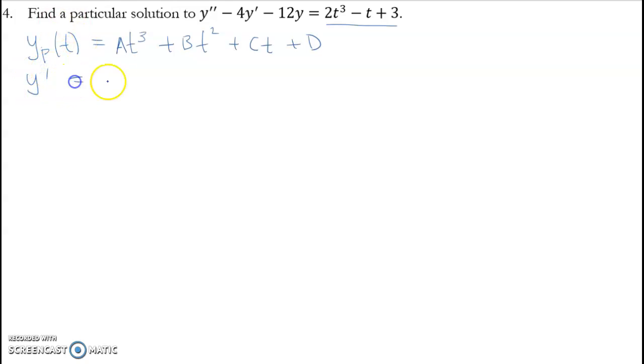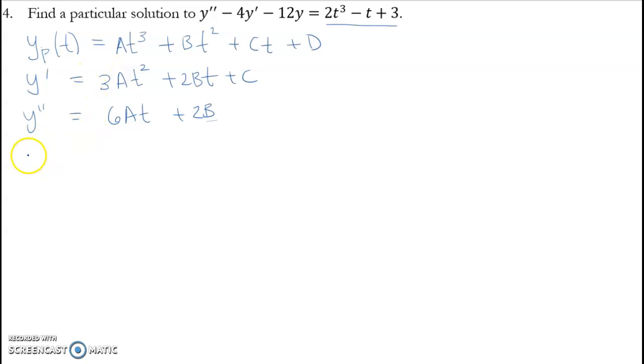Let's take the derivative of this, which we'll get 3a t squared plus 2bt plus c. And the second derivative would be 6at plus 2b. All right, and let's go ahead and apply all of these into our original equation.